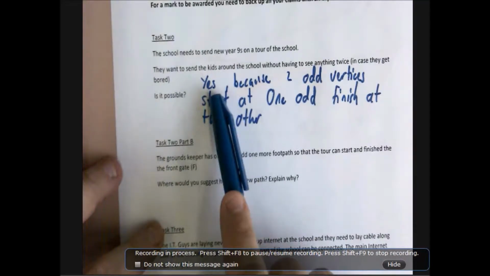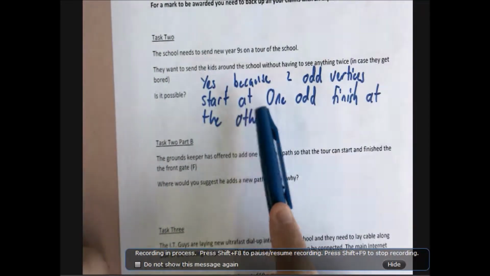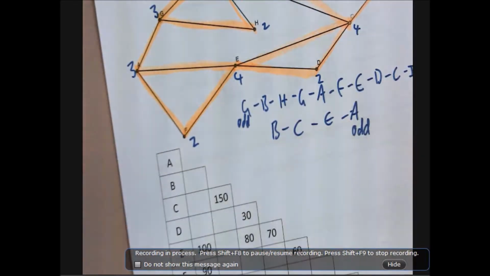Answer, yes. Reason, because we have 2 odd vertices. What does this mean? It means start at one odd and finish at the other, including a traversal path that you can take.